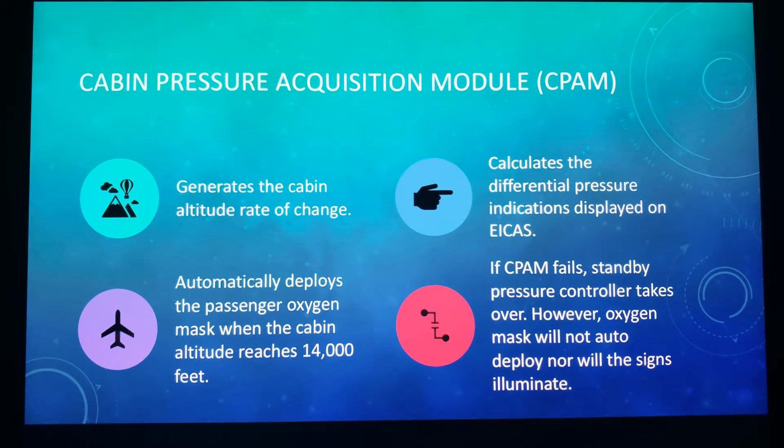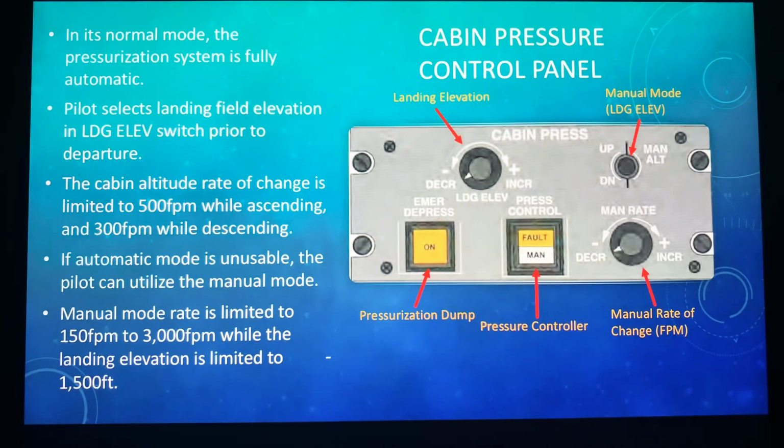A unique feature is that it automatically deploys the passenger oxygen masks when the cabin altitude reaches 14,000 feet, so the crew would not have to do that with this module operative. However, if the CPAM does fail, the standby pressure controller takes over, but the oxygen masks will not auto-deploy, nor will the signs illuminate.